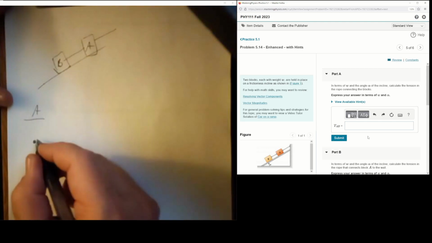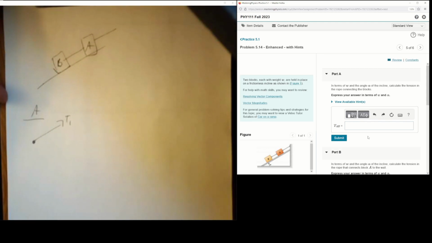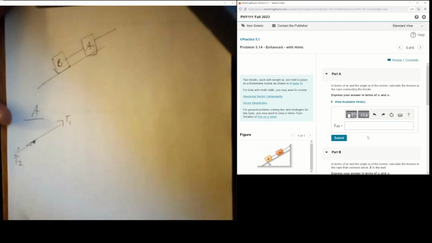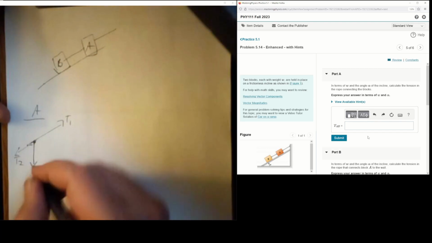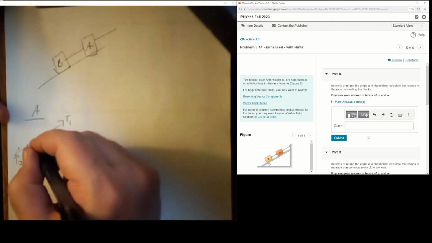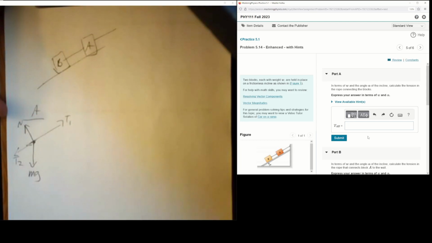And it has a tension 1 pulling it up. It's got a tension 2 pulling it down. That's what's connecting to block 2. Block A has a weight going straight down, and then a normal force perpendicular to the surface.